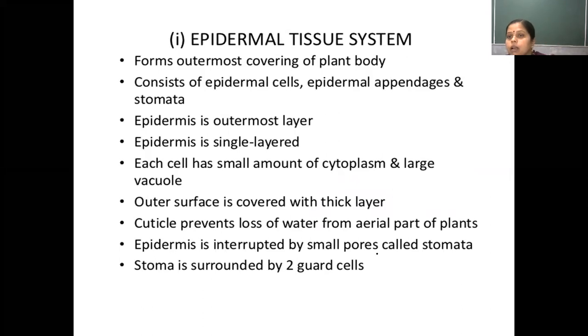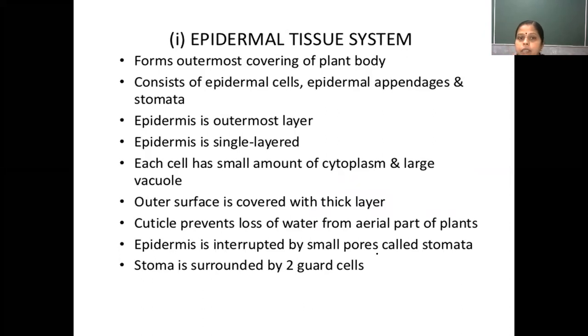Epidermal tissue system: where will it be found? In the outermost covering of the plant body, which is made up of epidermal cells, epidermal appendages, and stomata.